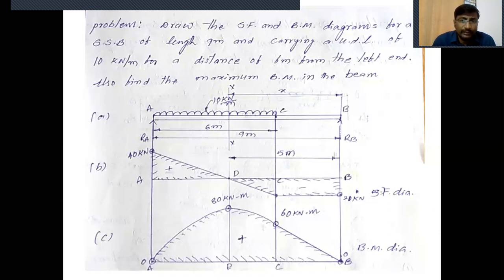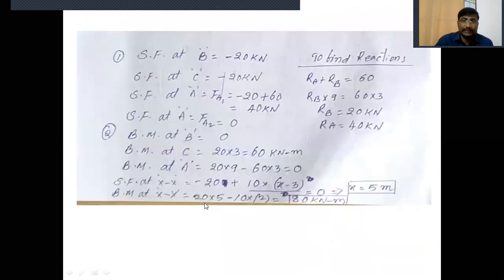If 10 kilonewtons occupy 1 meter, how much load for 6 meters? So 10 into 6 is 60 kilonewtons, which is acting in the downward direction. Load always acts in the downward direction. So RA plus RB is equal to 60. This is one of the equilibrium equations.